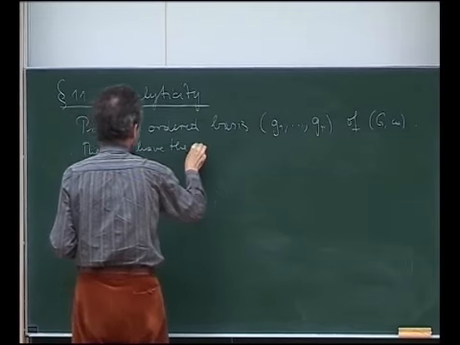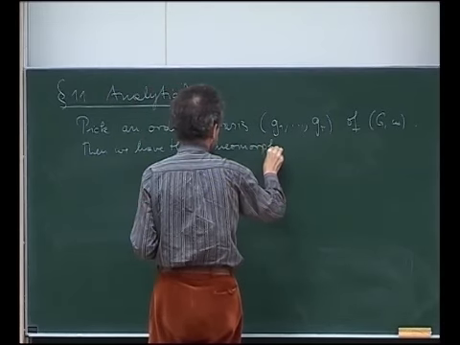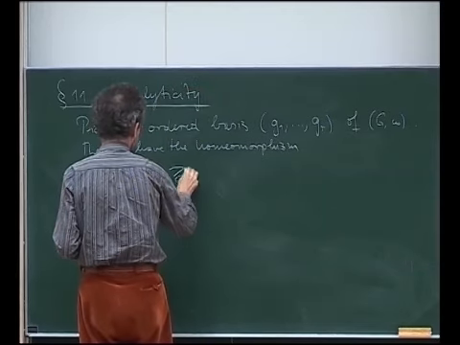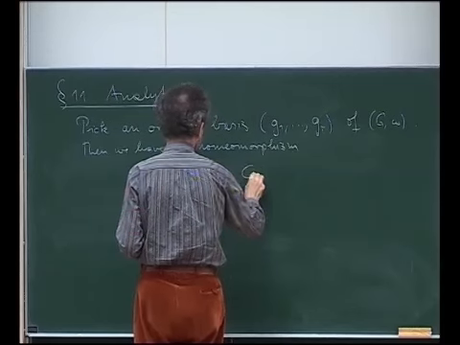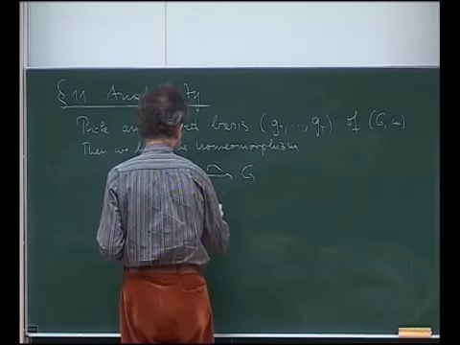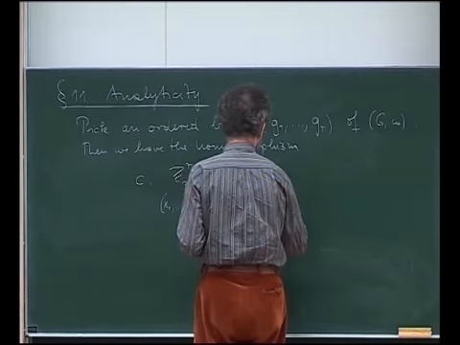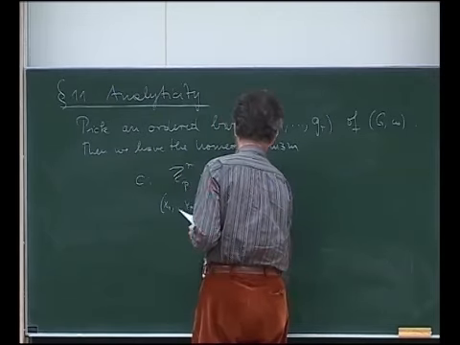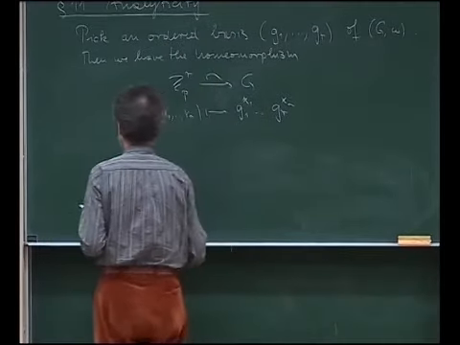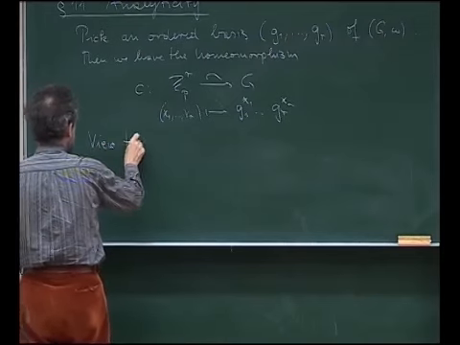G1 up to GR, G omega, right? And then we have the homeomorphism C from Cp to the R to G, which sends x1 through xr to G1 to the x1 through gr to the xr.